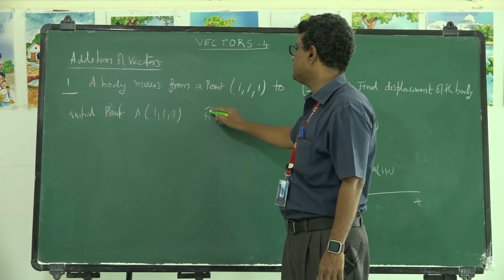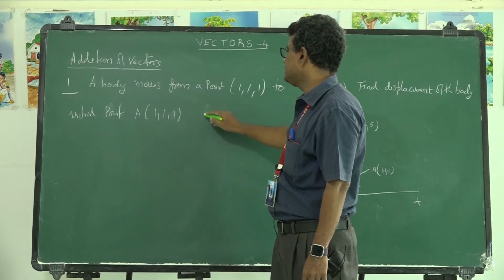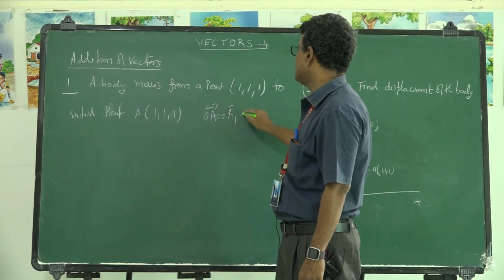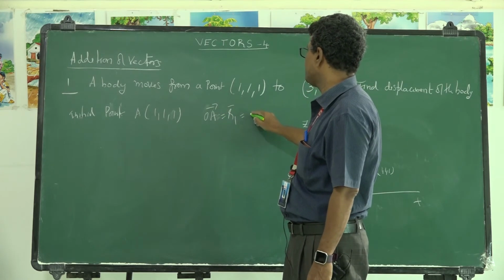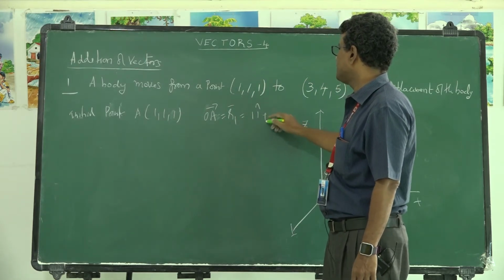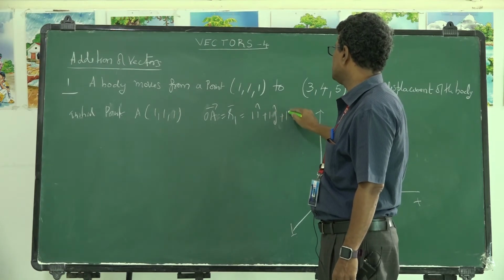We can represent it in terms of the position vector OA bar, that is r1 bar. How can we write it? x i cap, so 1 i cap plus 1 j cap plus 1 k cap.